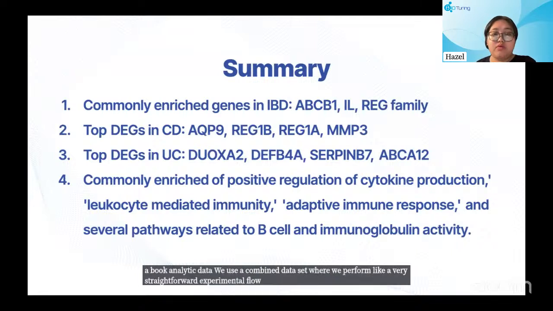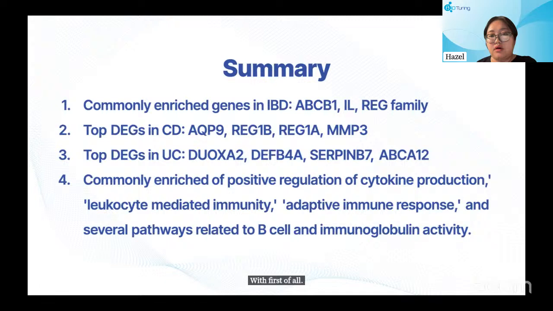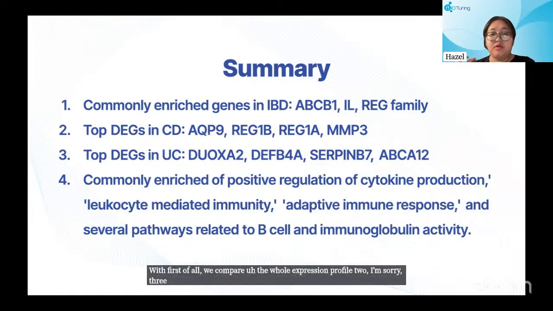First, we compared the whole expression profiles of three conditions, ulcerative colitis, Crohn's disease, and normal, together to figure out commonly enriched genes in IBD. We see upregulation of ABCB1, of interleukin-related genes, and of the REC protein family.